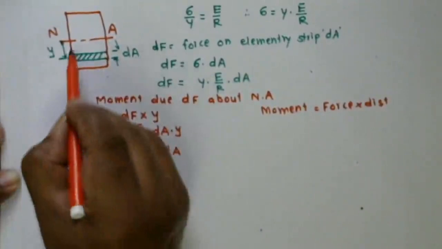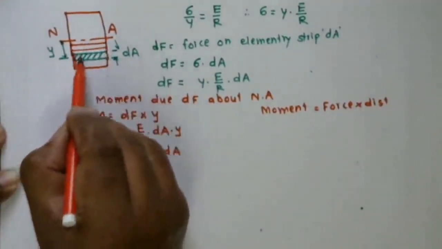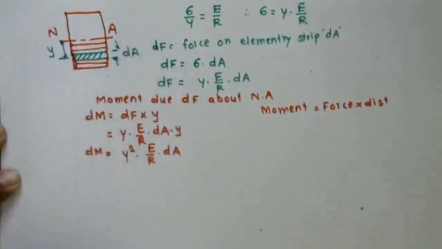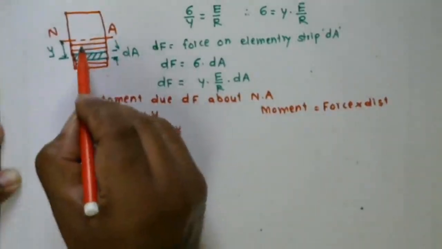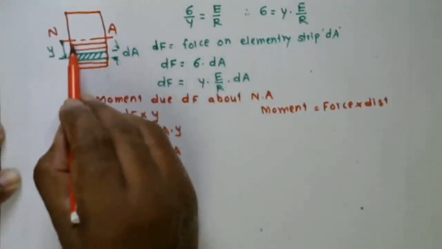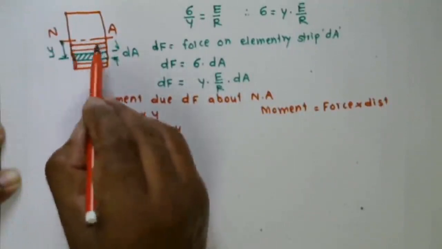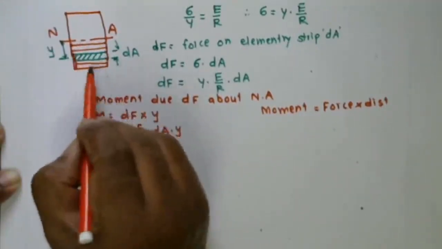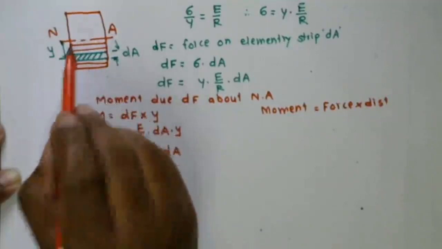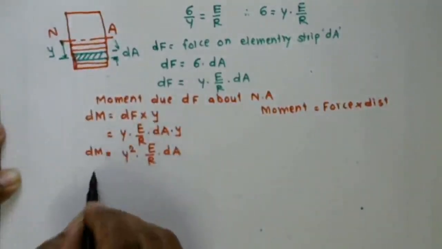If we consider here number of elementary areas, 1, this 2, 3, 4, in that types, every strip there is some elementary force, that is we may say dF1, dF2, dF3, dF4. So when we have to calculate the total moment of that section about the neutral axis, then we have to take its integrations.